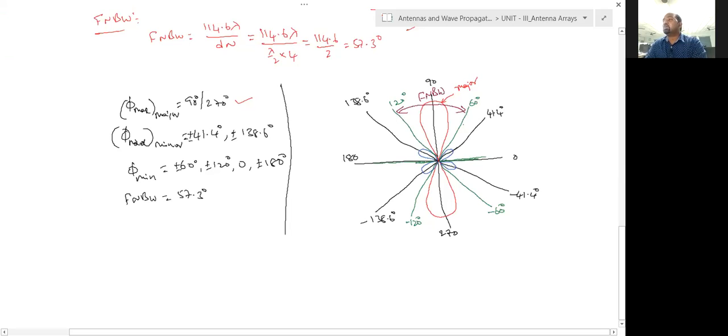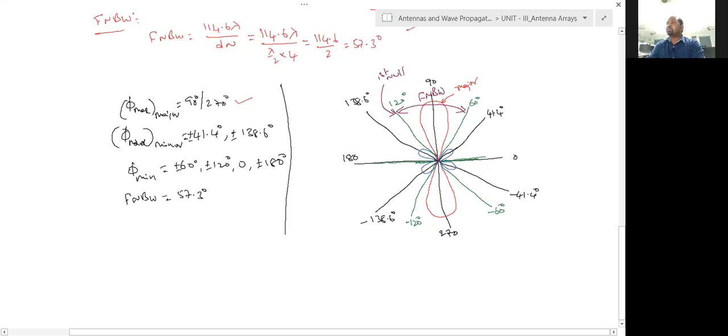This is the first null, in the sense of no radiation. So the width between first nulls is the first null beam width.